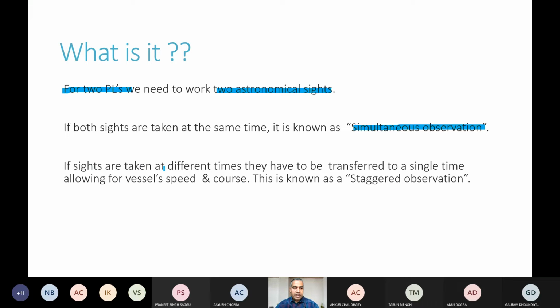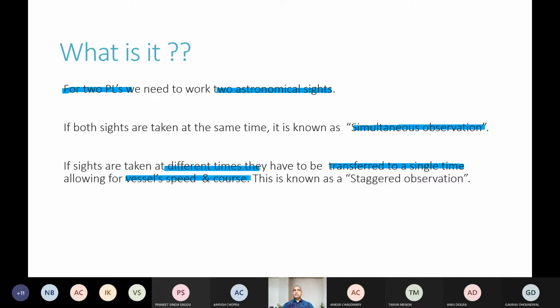If sites are taken at different times, they have to be transferred to a single time, allowing for the vessel's speed and course. So if you have taken 2 sites and the sites are staggered sites, then we have to transfer the PL and bring them to one single time. Now, most of the time, I would say 99% of the time, we are interested in our latest position.